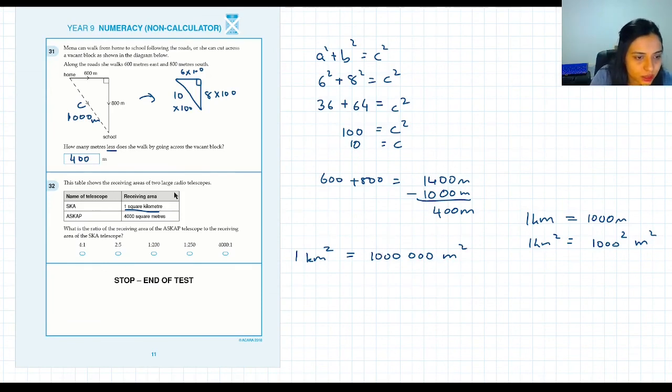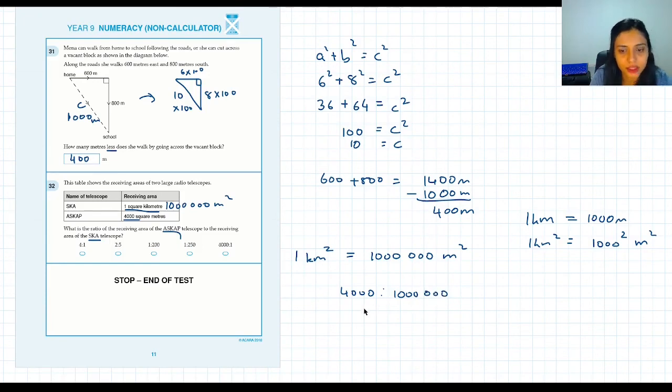So this is 456 meters squared. And now let's compare between the two. So we want the ratio of the ASCAP as compared to SCA. So ASCAP is 4000 square meters and SCA is 1 million.